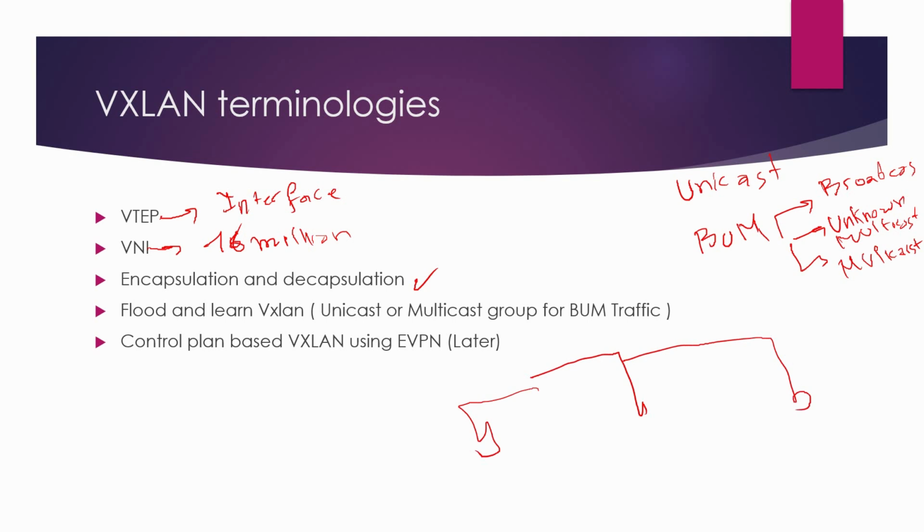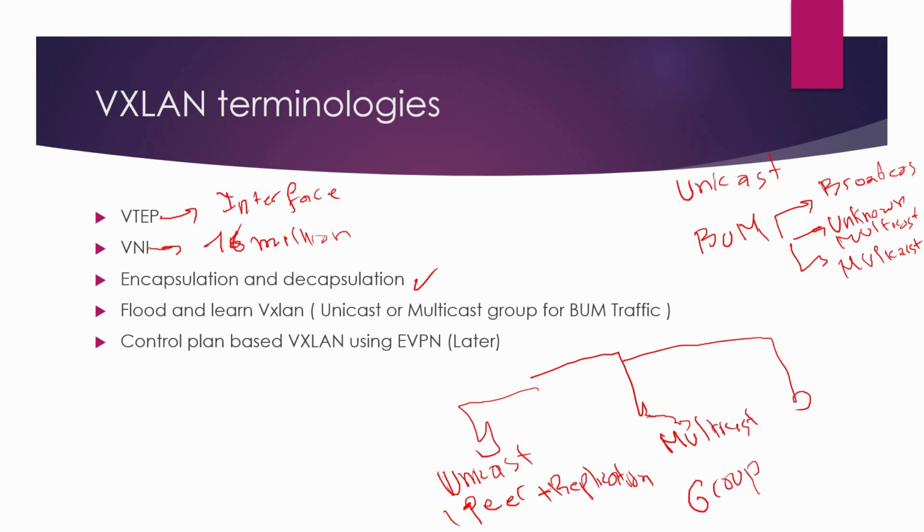We have the unicast one, and here you will define your peers plus replication. We will discuss it in the lab, peer replication. And the second one, you have the BUM traffic, which uses the multicast group.